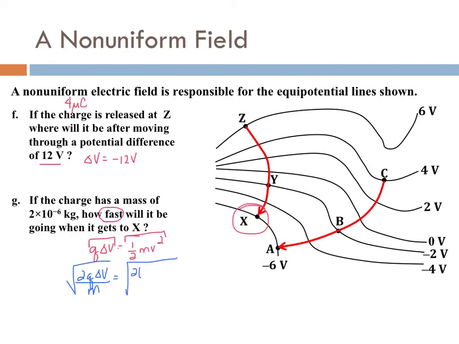Our charge is that 4 microcoulomb charge. Our potential difference is 12 volts. And my mass was 2 times 10 to the negative 6. And you should have gotten a value of 6.93 meters per second.